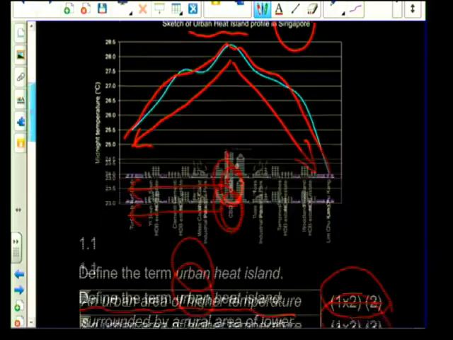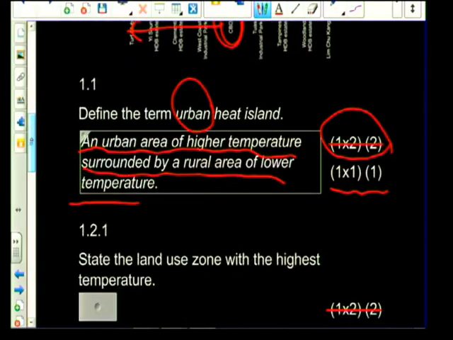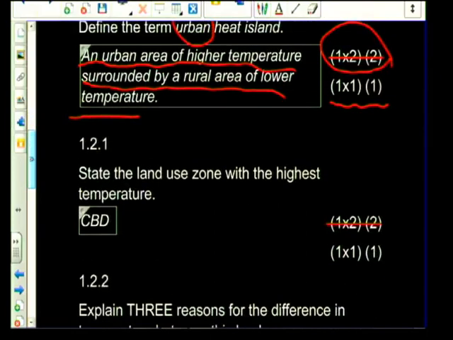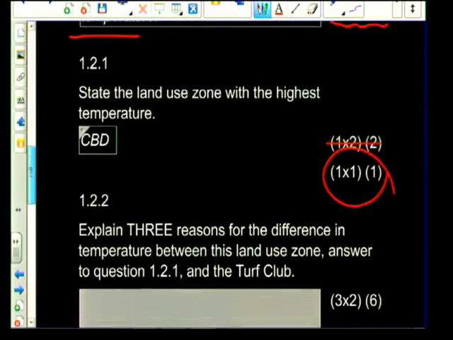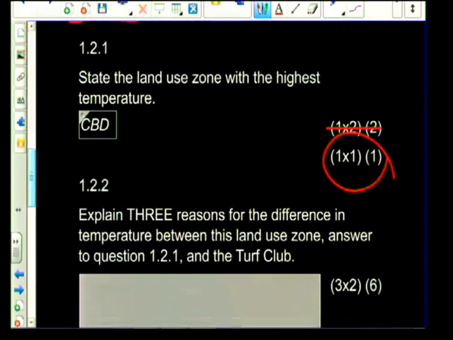All right? So, when I look at my answer, it's the CBD. Now, in the past, this was 2 marks for giving just 1 word. Now, the answer is worth 1 mark. All right? Let's look at the next question.